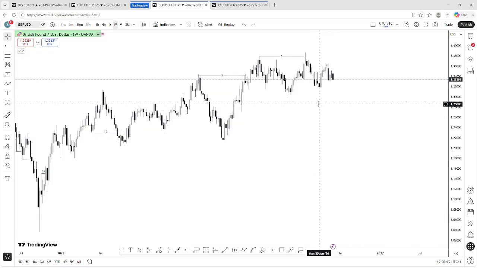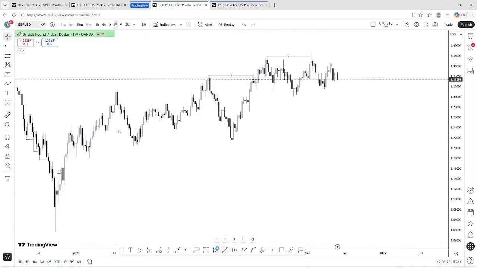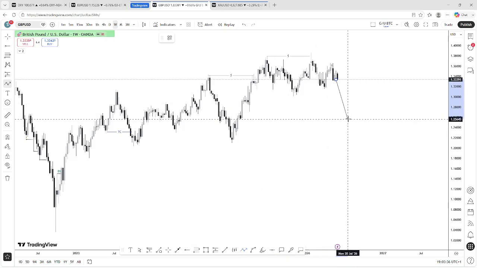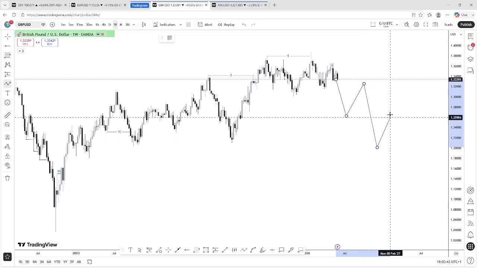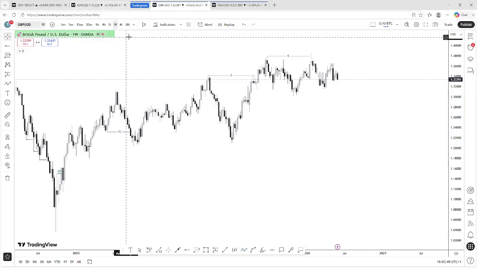Yes, and ever since we have had these corrections, so probably we can still have a deeper correction, maybe sweep all these internal liquidity and probably come for this last internal liquidity, maybe before we head over, or that can be a start of a bearish move that will take a very long time, if not years.